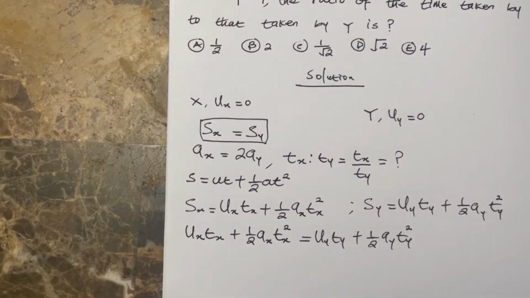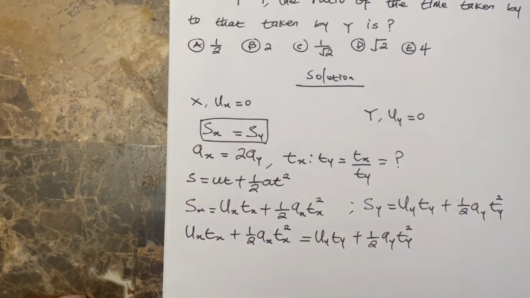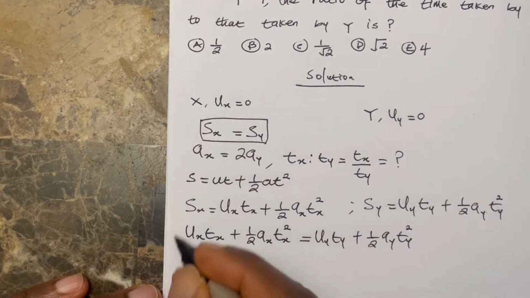Okay, so that makes sense, right? They are both equal. And don't forget, from the question, we're told that u of x is equal to 0 and u of y is 0. So automatically this value here is equal to 0.